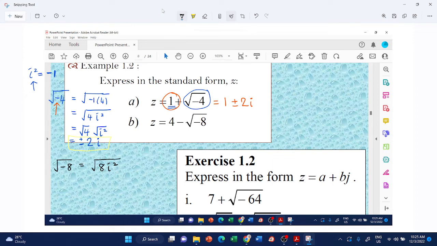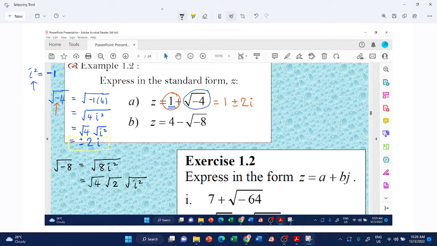Ya, dah apa madam? Dapat. Okay, so madam nak simplify macam mana ni? Okay, 8 ni kita ada 4, 2. Root 8 ke? 4, 2. So ni, pecah dia. Okay, boleh?